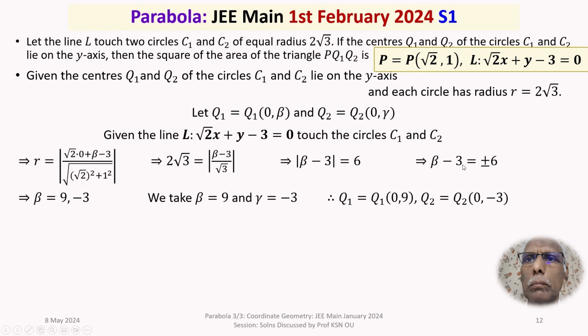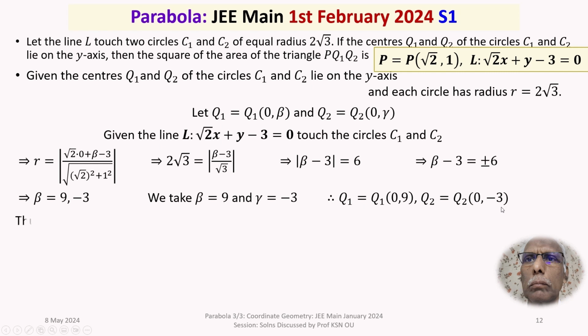Beta minus 3 equals minus 6 will give you beta equals minus 3. We take beta equal to 9 and gamma equal to minus 3. Thus the coordinates of Q1 are (0, 9) and the coordinates of Q2 are (0, minus 3).